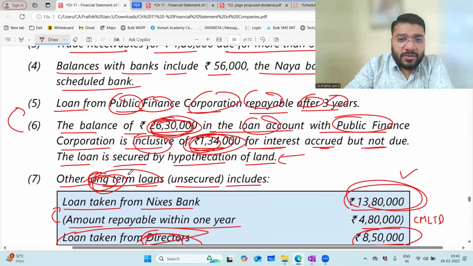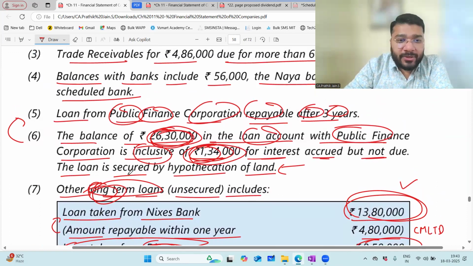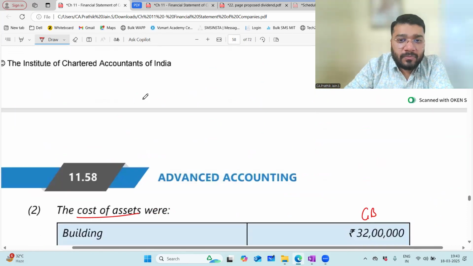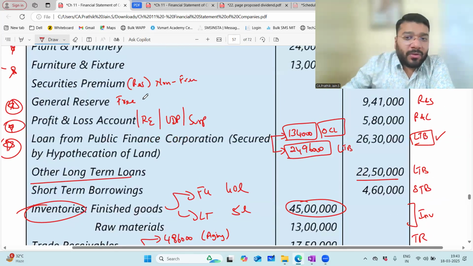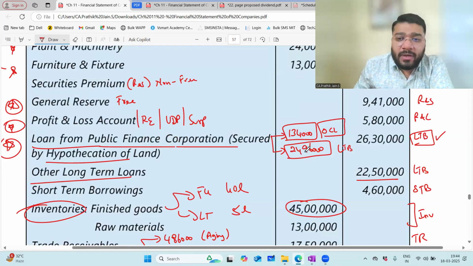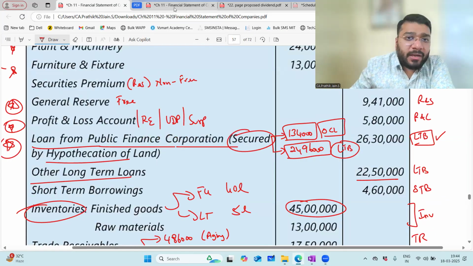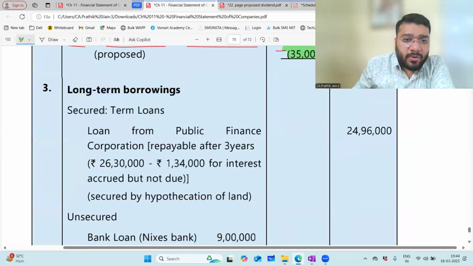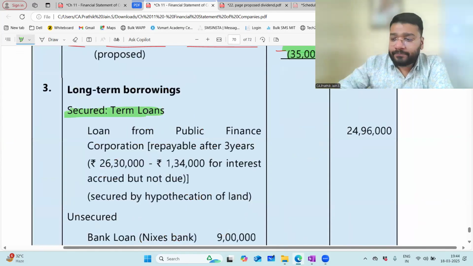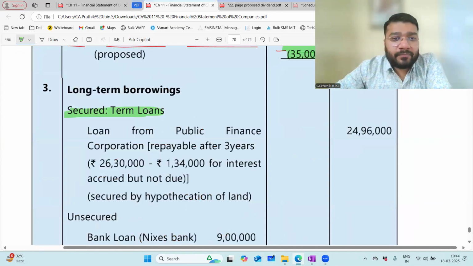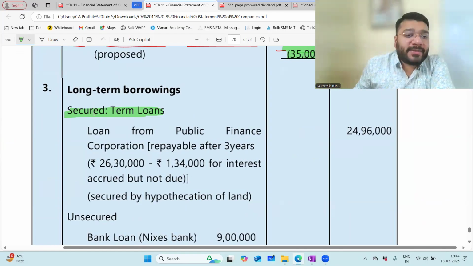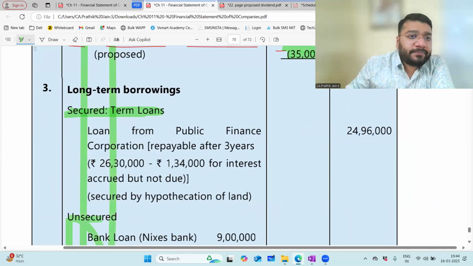First, let's talk about Public Finance Corporation. Loan from Public Finance Corporation, 24,96,000 is long-term borrowing, and they're telling it is secured. So now first category will be secured category. Under long-term borrowing, please write secured long-term borrowing. Long-term borrowing has two categories, secured and unsecured.